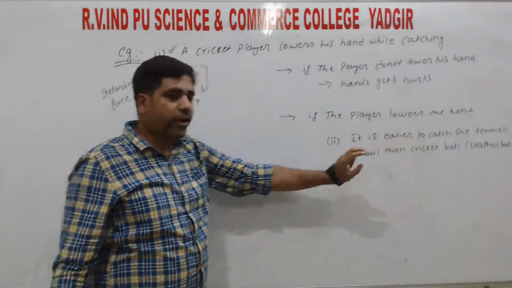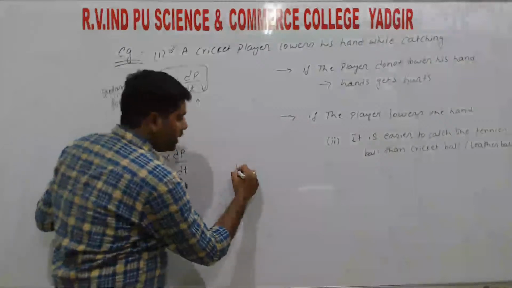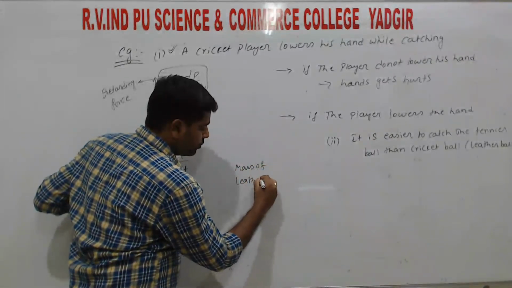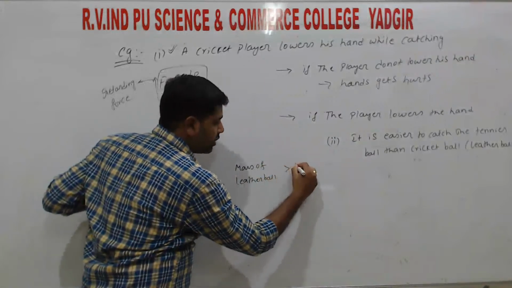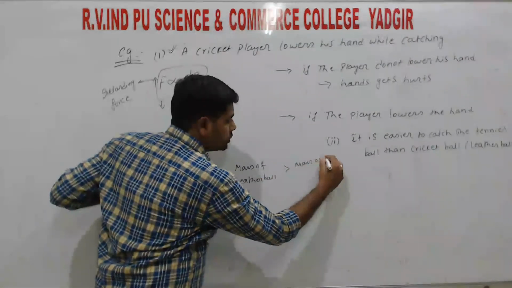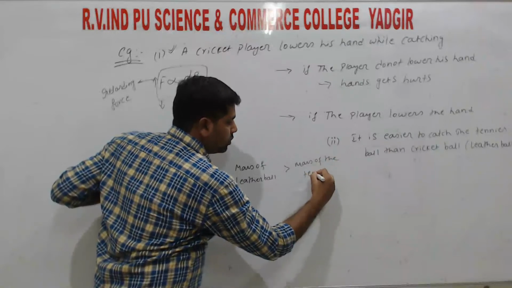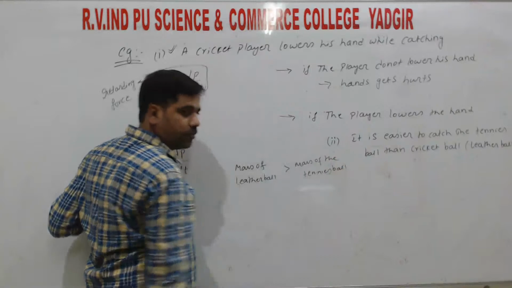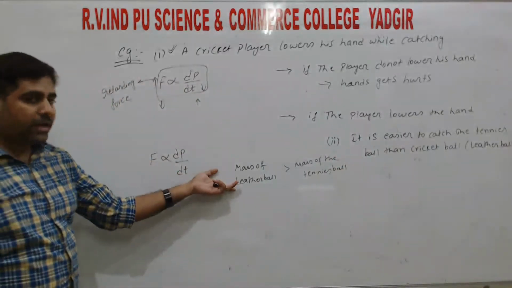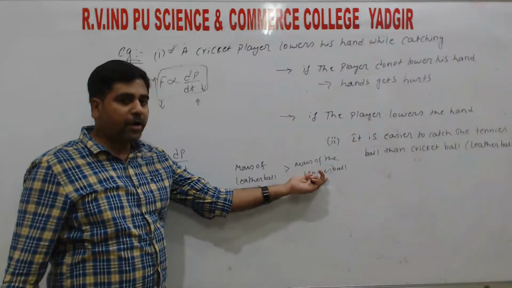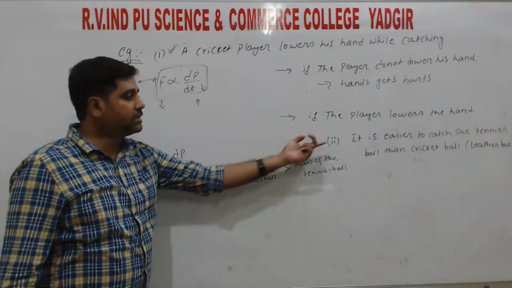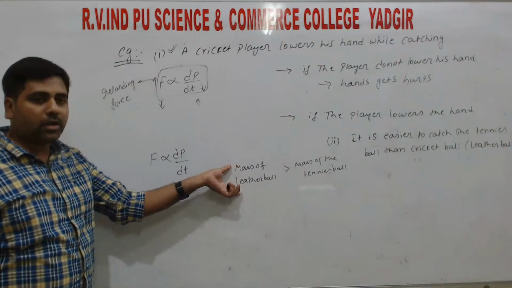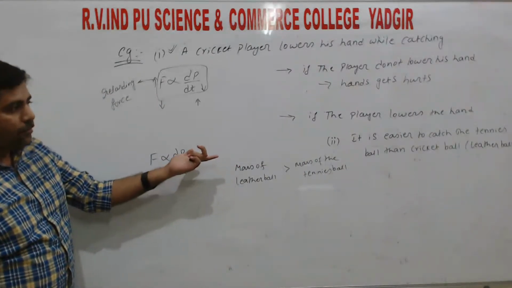So here we observe that the mass of the leather ball is greater than the mass of the tennis ball, right? The mass of the leather ball is more compared to the mass of the tennis ball. So the statement says a tennis ball can be caught easily compared to the leather ball, right?